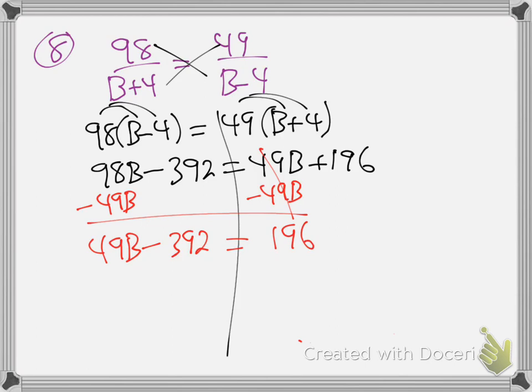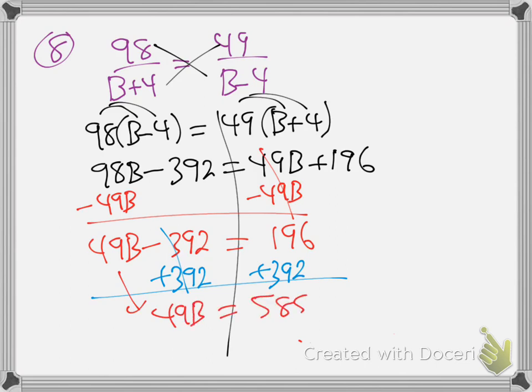Trying to get B alone here. Add 392. These are big numbers. And we get, bring this down, 49B equals 588, there it is. Last step, divide by the 49. It's 12? Yeah. B is 12. The boat speed is 12.